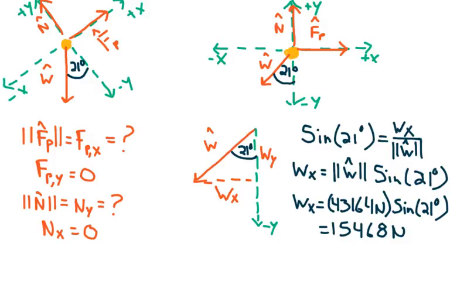So cosine of 21 degrees is equal to the adjacent side, so Wy, over the magnitude of the hypotenuse, which is the weight, which we previously calculated as that 43,164 newton number.